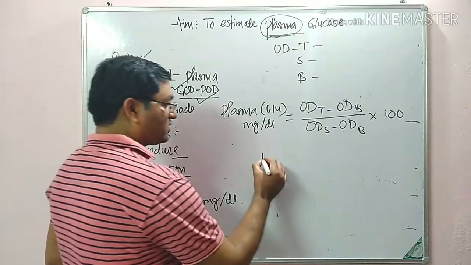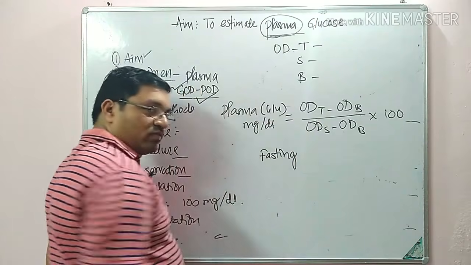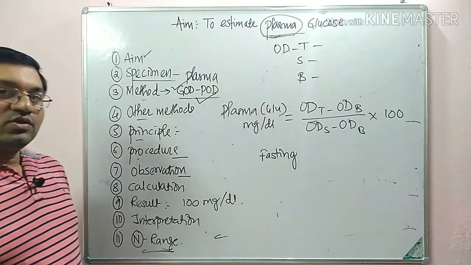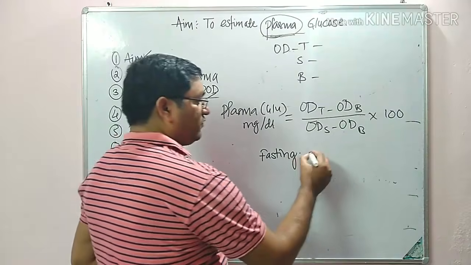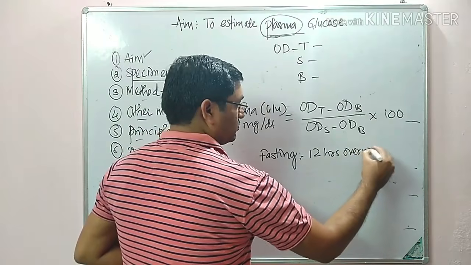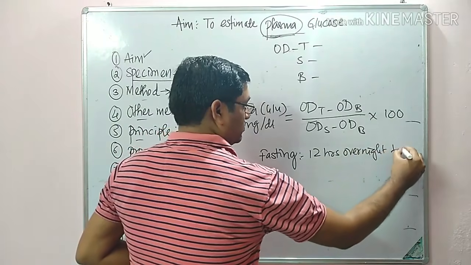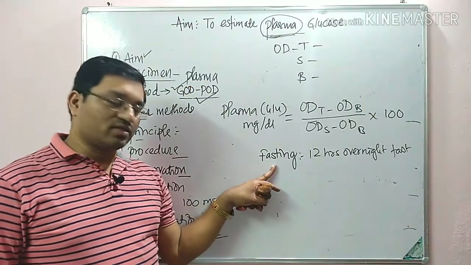First one is the fasting. For the fasting, you have to take a sample after 12 hours of overnight fast.